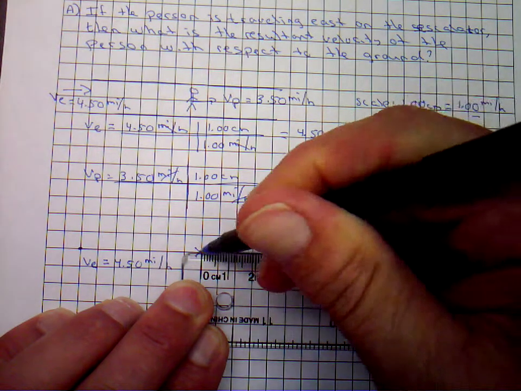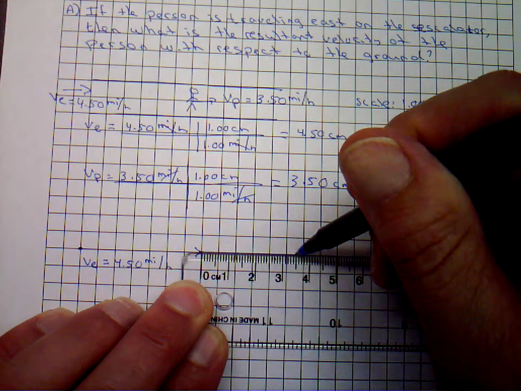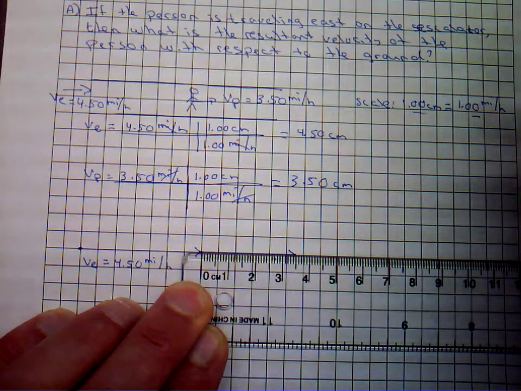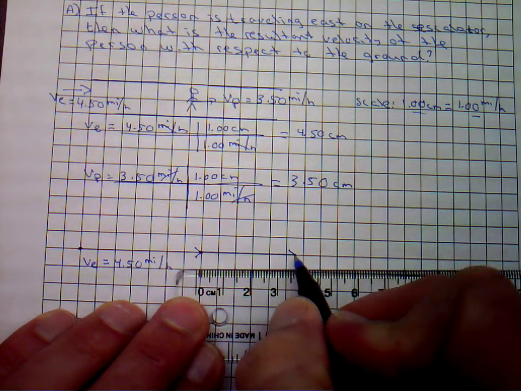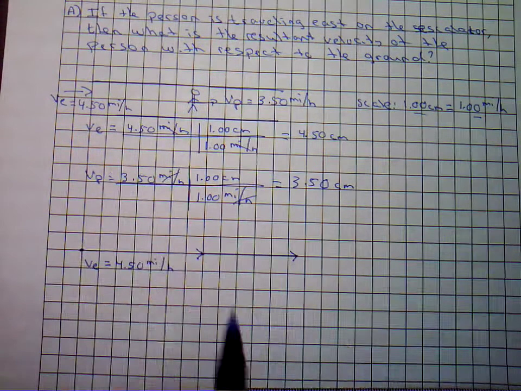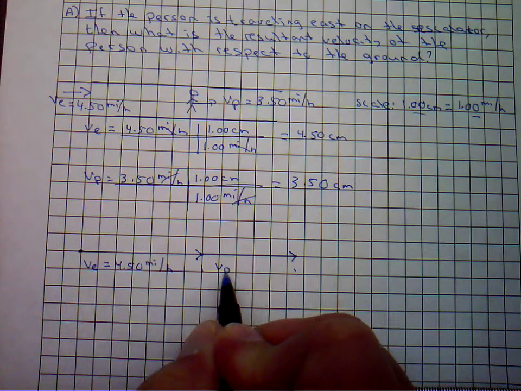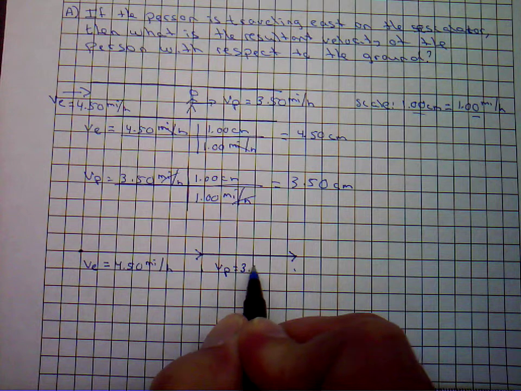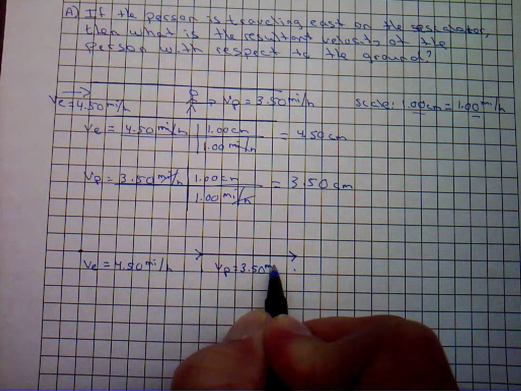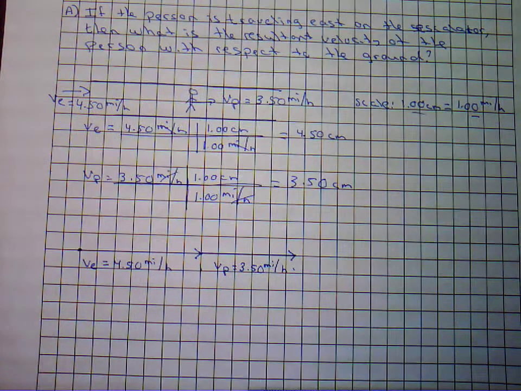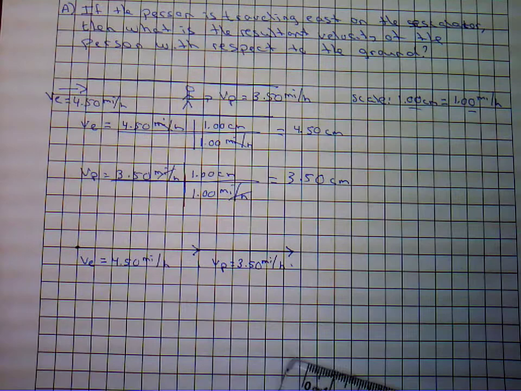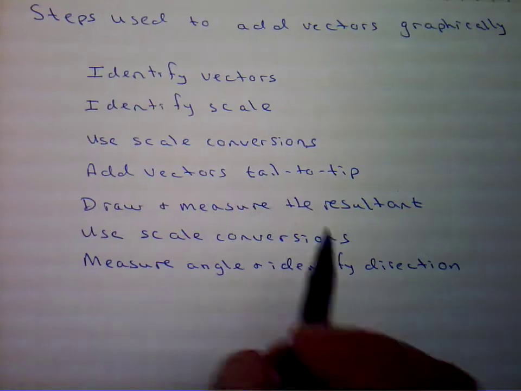I take my pen and draw exactly 3.50 centimeters, making sure we draw an arrow. So this vector, from this point to this point, is the velocity of the person, and that velocity is 3.50 miles per hour.